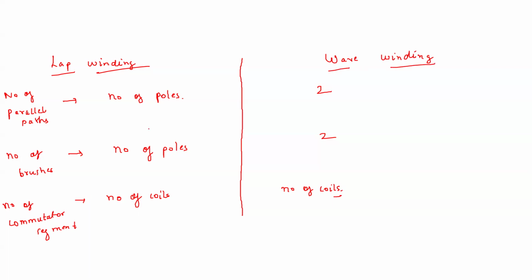So you see, it is something like this. Let us suppose we have a question that the number of conductors Z equals 8, and the number of poles P equals 4 for a machine with simplex lap winding connected.